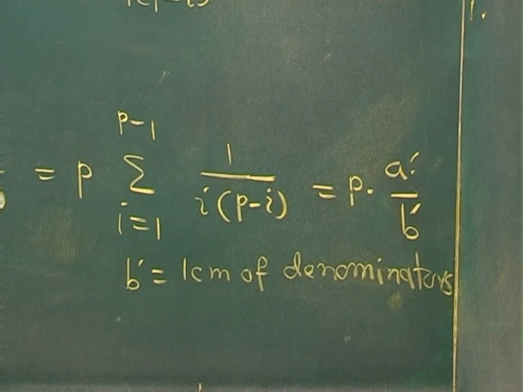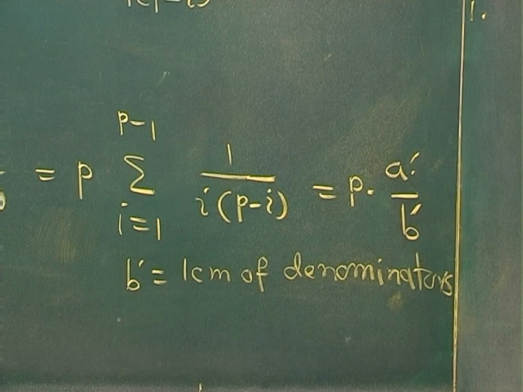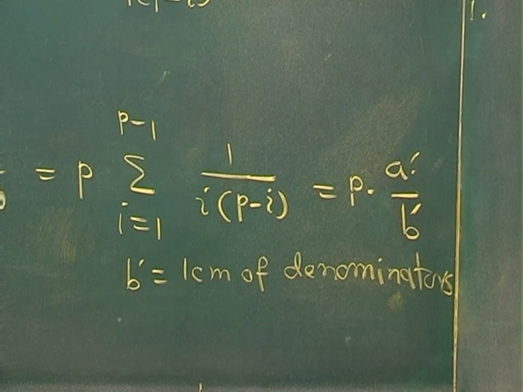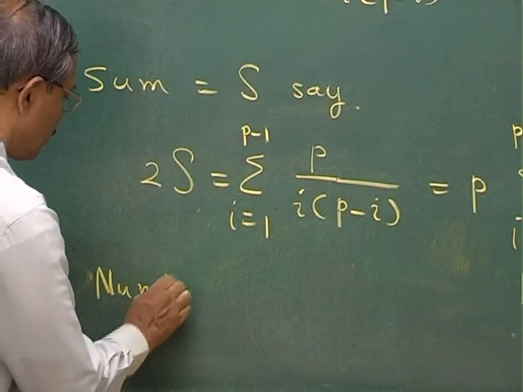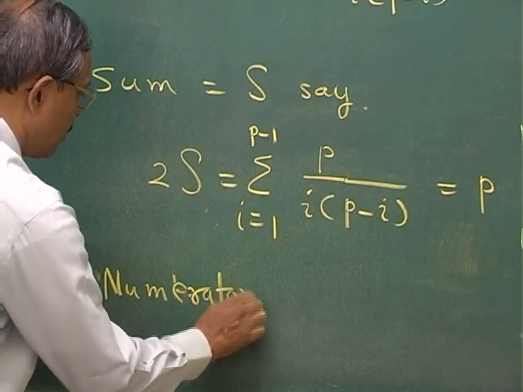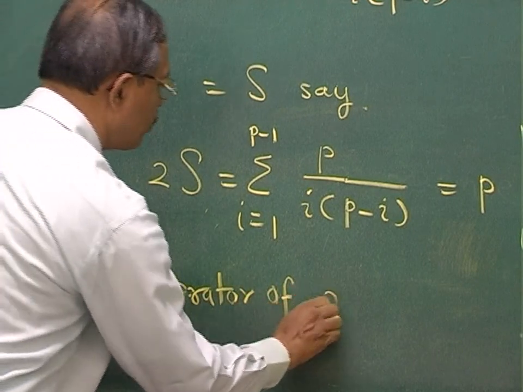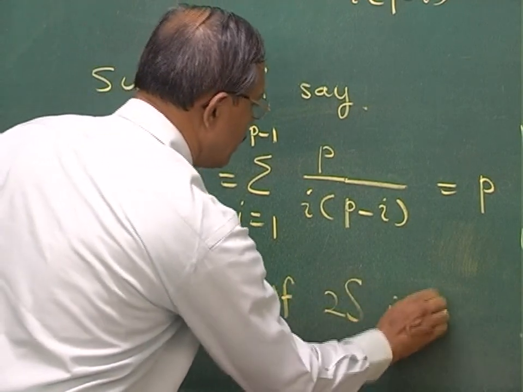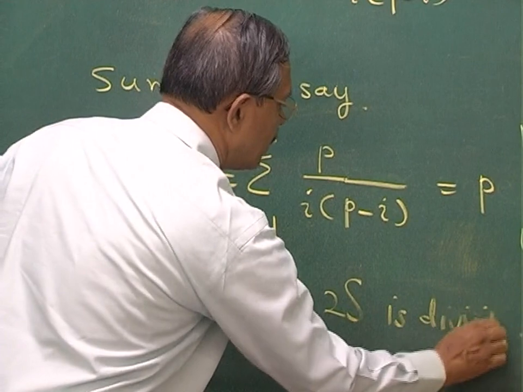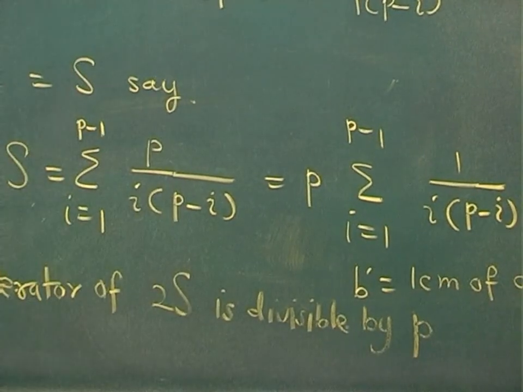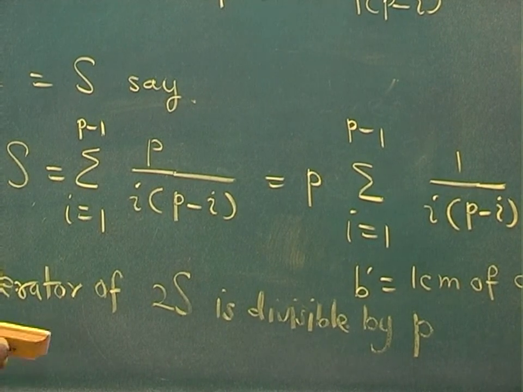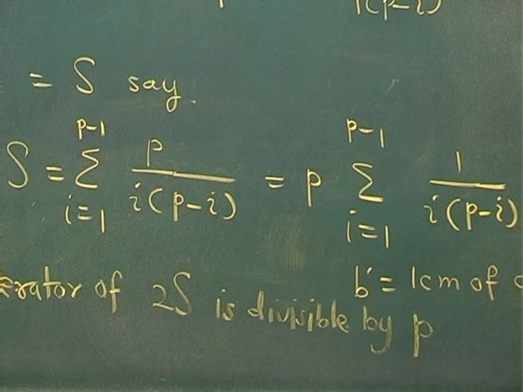So the numerator of this 2 times S is divisible by p. There is no possibility of cancelling p from the denominator because the denominator is coprime to p.